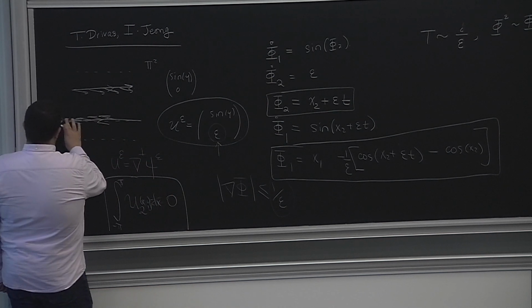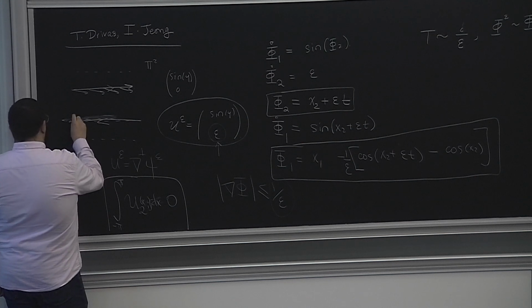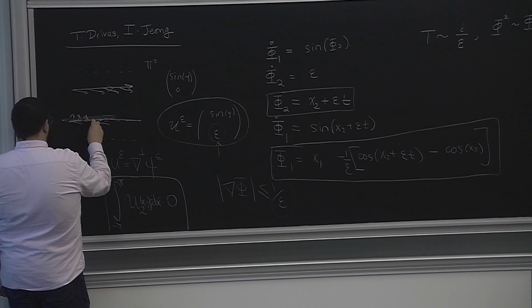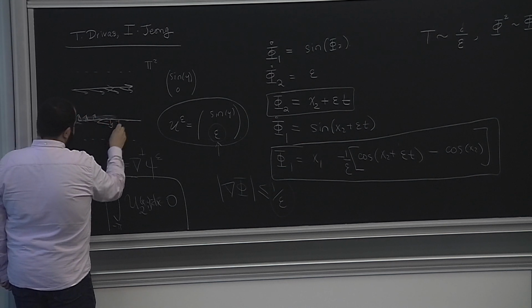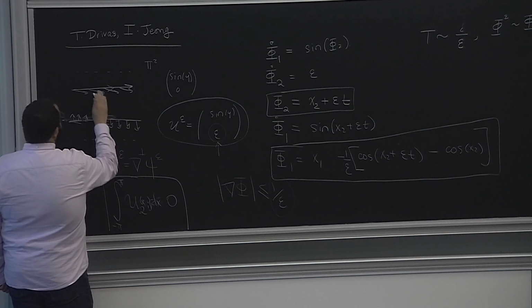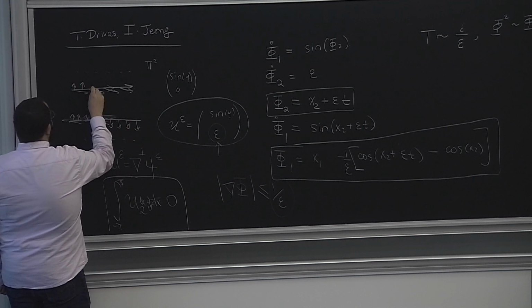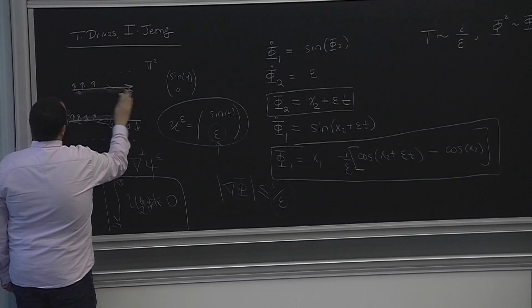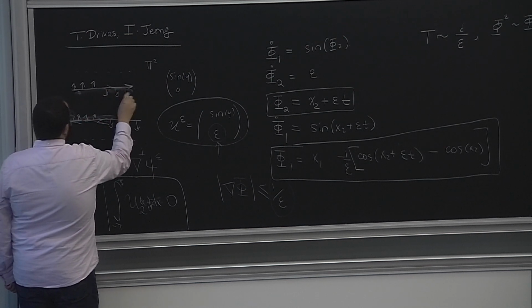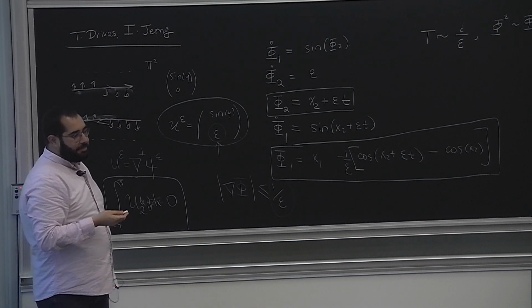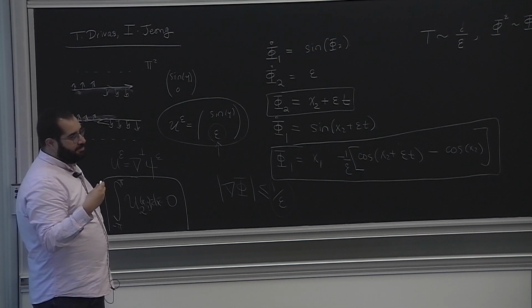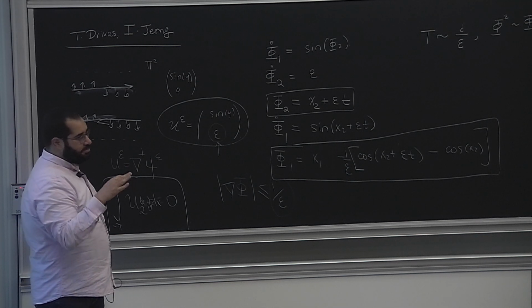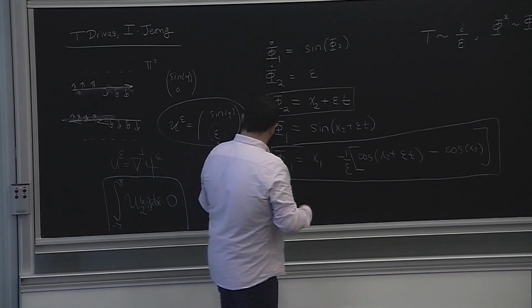Which means on each of these lines you have an equal amount of points going up and an equal amount going down. And it has to be 2 pi periodic, of course. Now what's the answer? Maybe it's clear still, but the answer is that it has to grow.